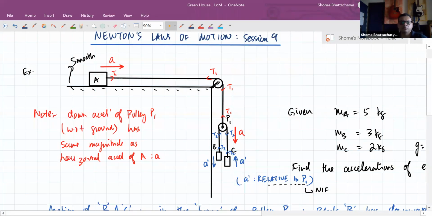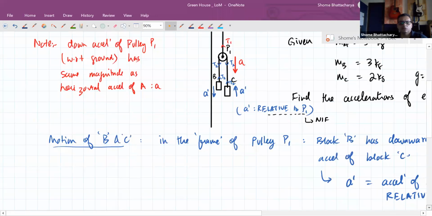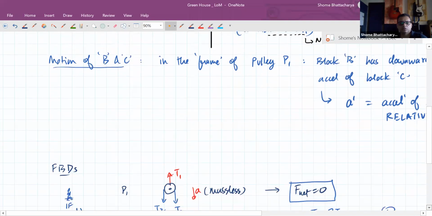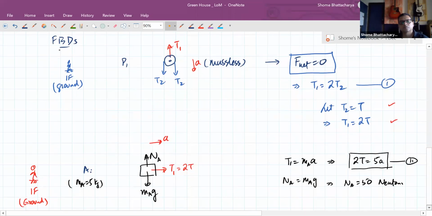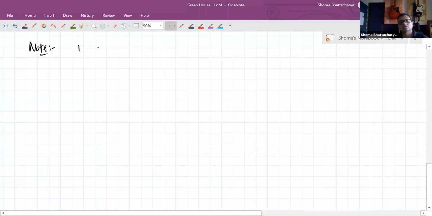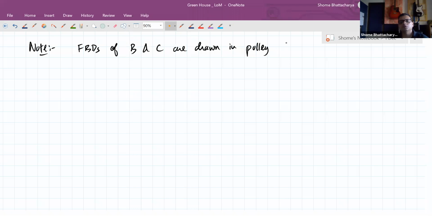So we have to make the free body diagrams of B and C in the non-inertial frame, that is, in the pulley P1's frame.